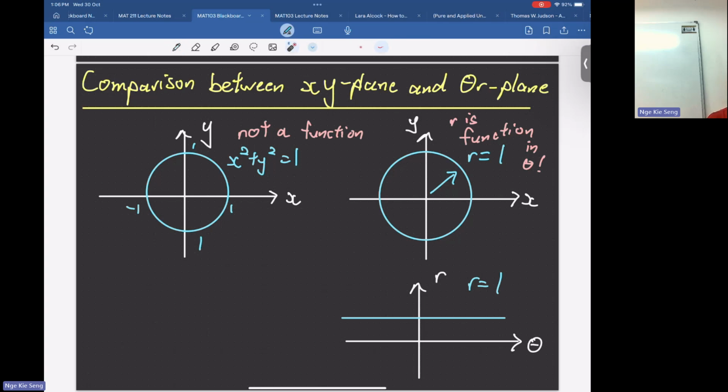So how do you go from a straight line to a circle? You really need to start somewhere. Let's say we start from here, where theta is 0 and radius 1. What point does this correspond to in xy? If theta r is 0, 1, what xy point does it correspond to?